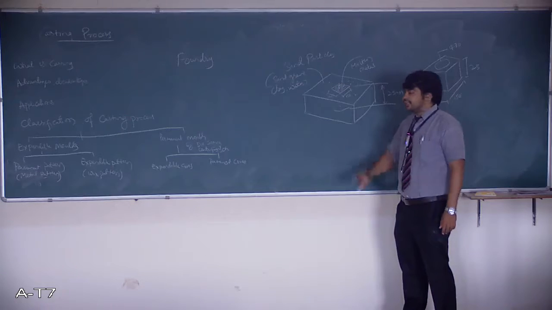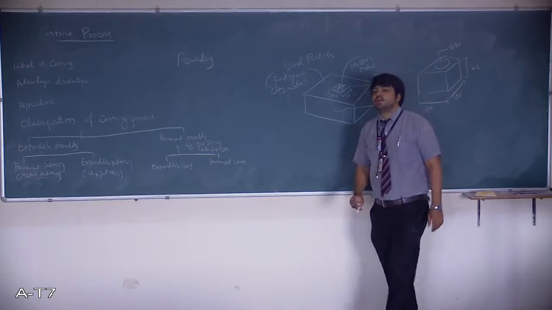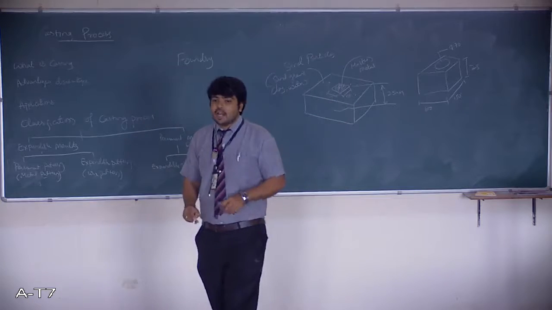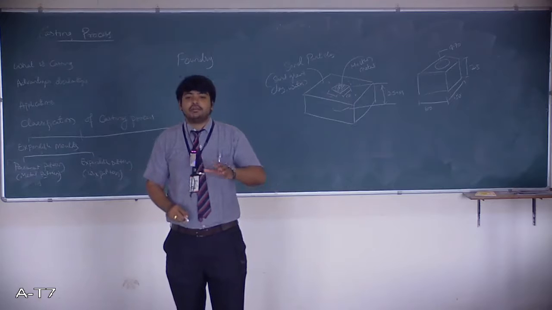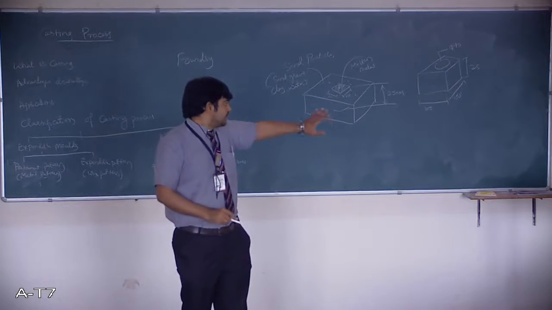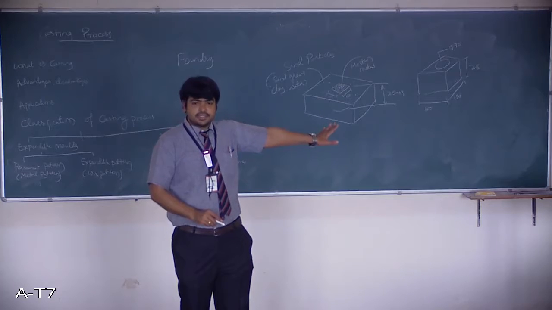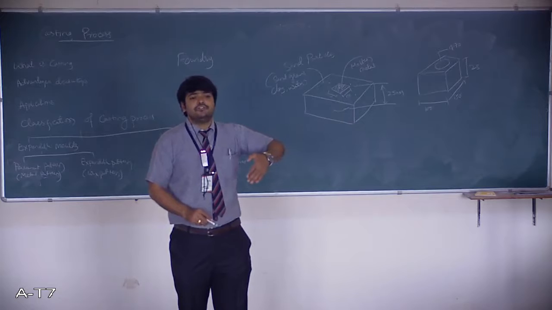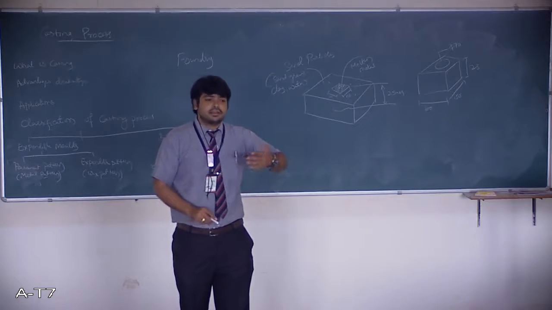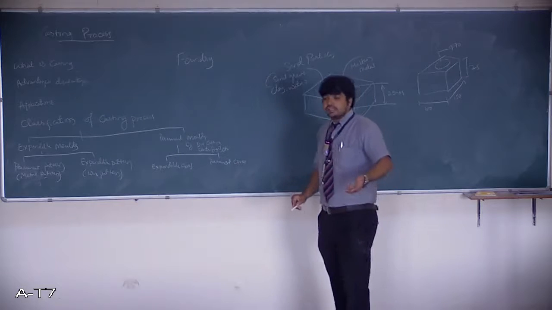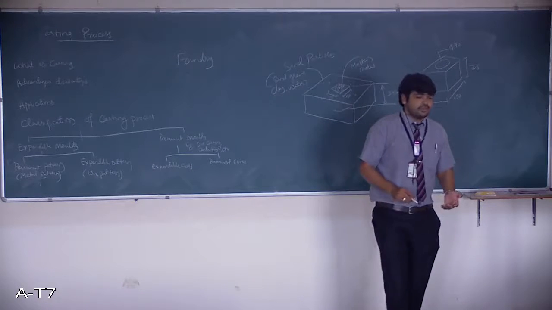So that is done by using something called a pattern. A pattern is an object which has the geometry of the casting that we require, but with slightly higher dimensions. These patterns are made of wood, plastic, rubber, metals, and wax. All these things are used for making the pattern.